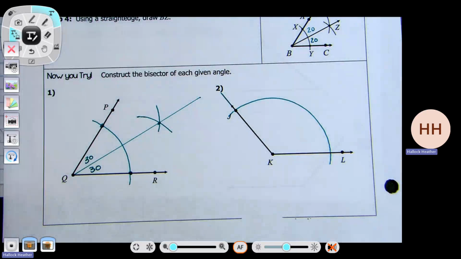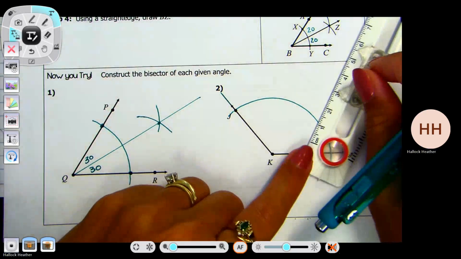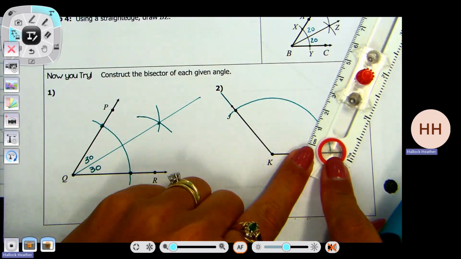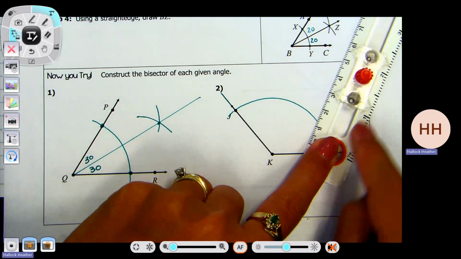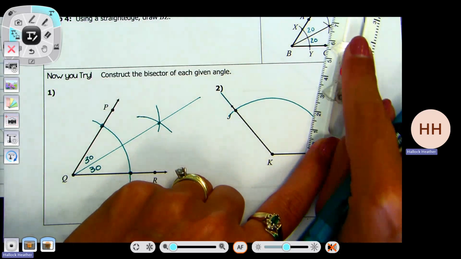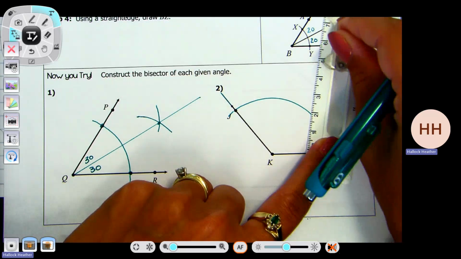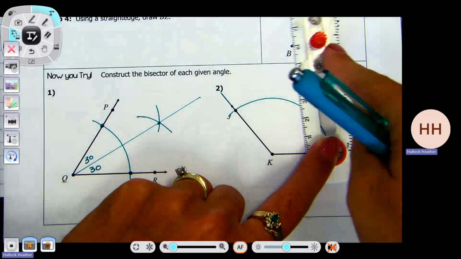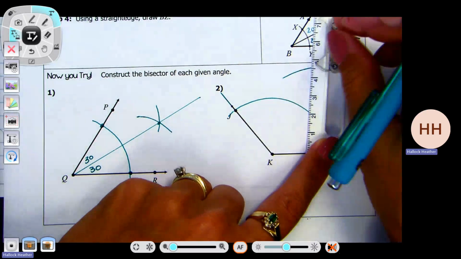So now that I have my arc, I'm going to move my compass down here. Because my alligator has a really big mouth, I need to move my slider out a little bit so that it's in the middle of his mouth. Think about it like you're making an angle bisector, so you need it to be in the center of his mouth.